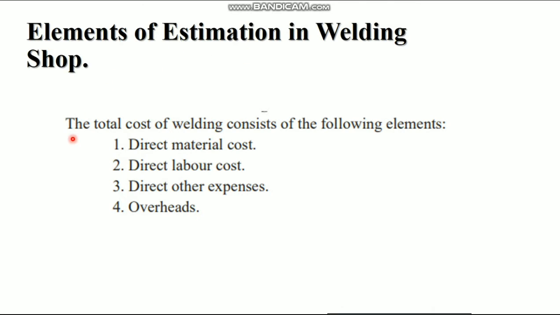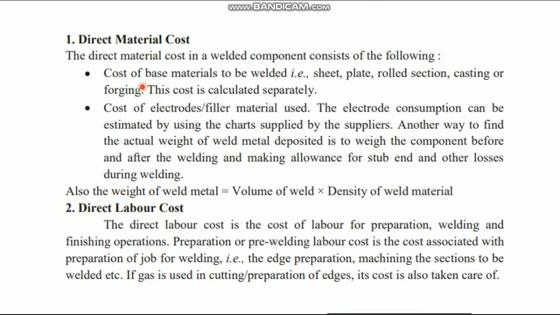The total cost of the welding consists of the following elements. As usual, it is direct material cost, direct labor cost, direct other expenses, and lastly overheads. The material cost: in welding shop, what materials are considered as direct material?